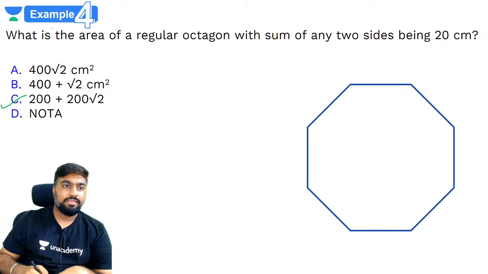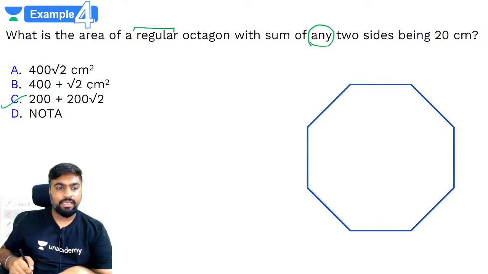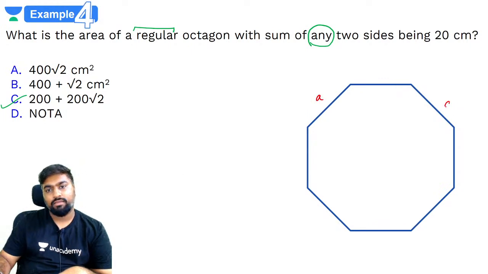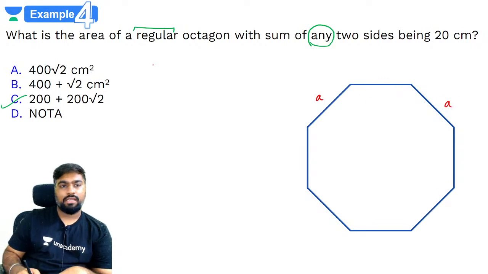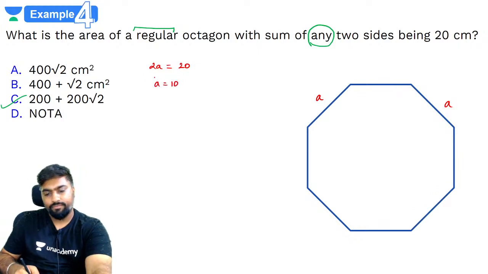Yes, they're saying there is a regular octagon and the sum of any two sides is 20. That means I can take any two sides, I can take this side, I can take this side. Technically 2 times A is equal to 20, so A will be equal to 10 centimeters.